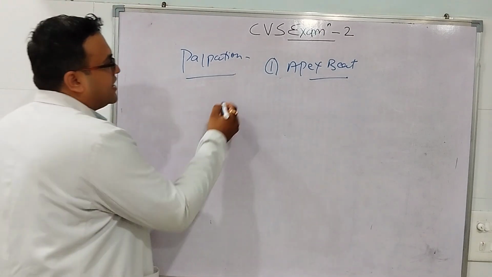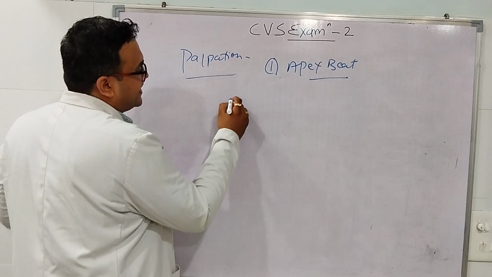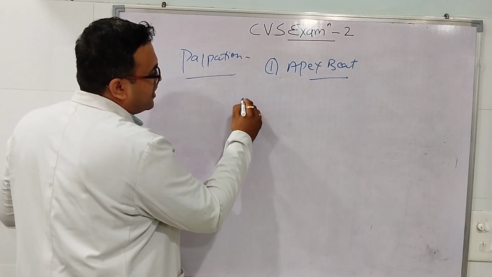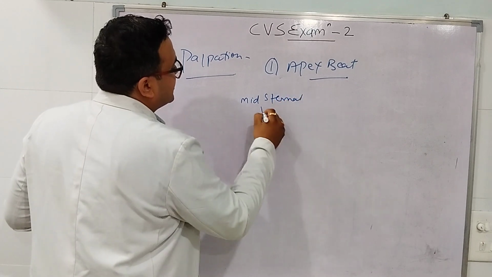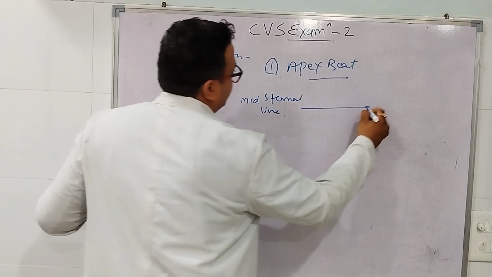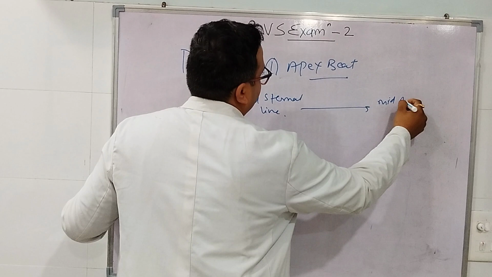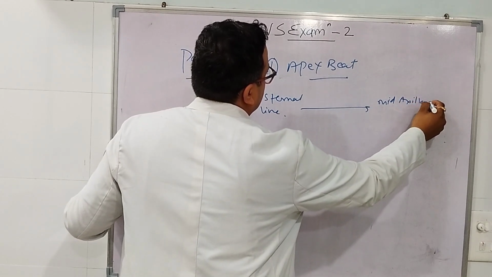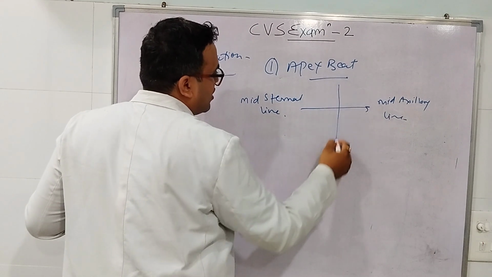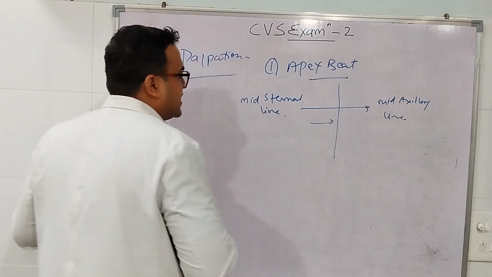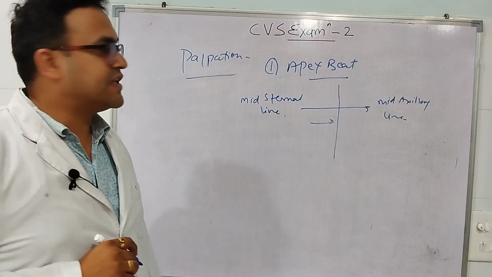What is the normal apex beat? So for the normal apex beat, if we take the distance from the mid-sternal line to the mid-axillary line, it will not cross half of this line.